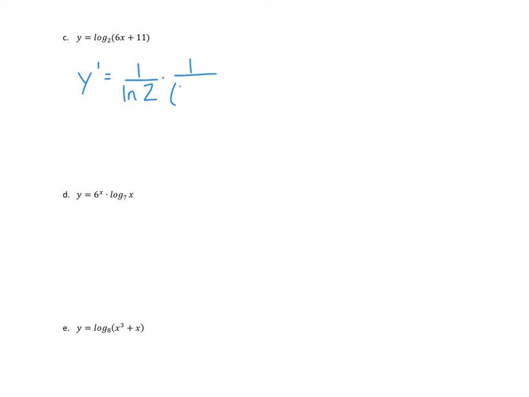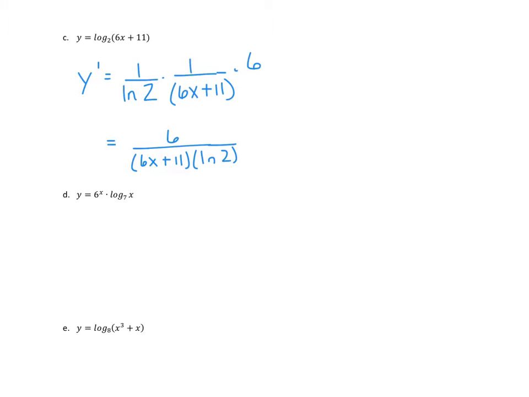We have 6x plus 11. Since we have more than just an x, we then need to take the derivative of everything inside the log function. So the derivative of 6x plus 11 is 6. So here our derivative then looks like 6 divided by 6x plus 11 times natural log of 2.